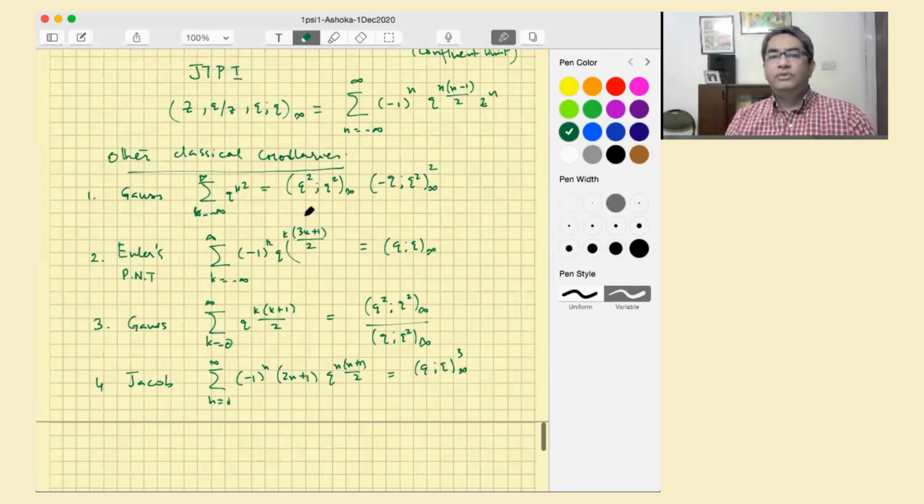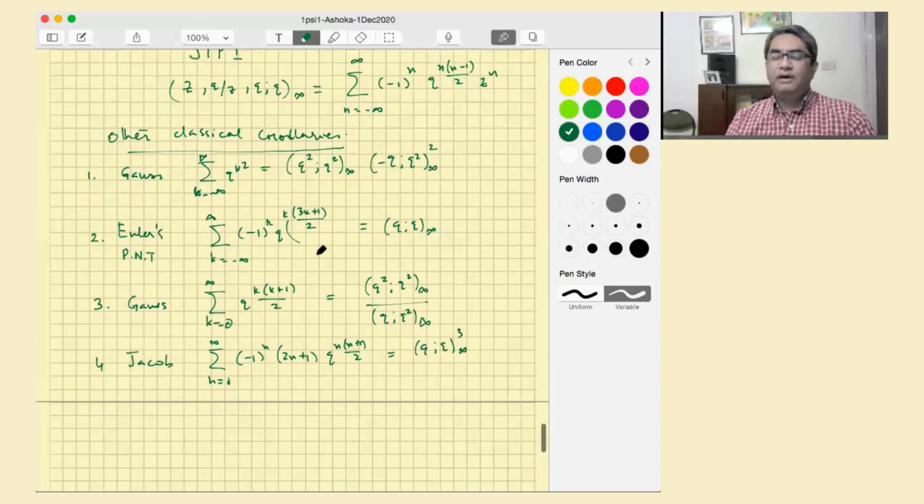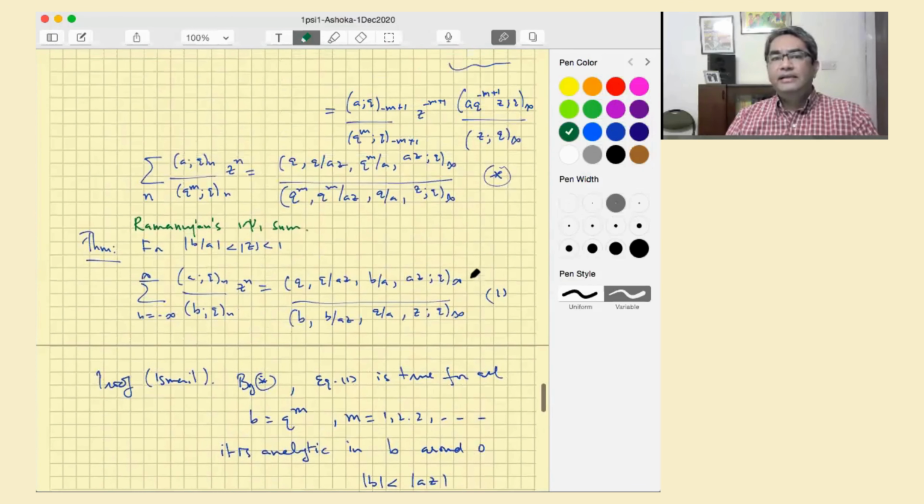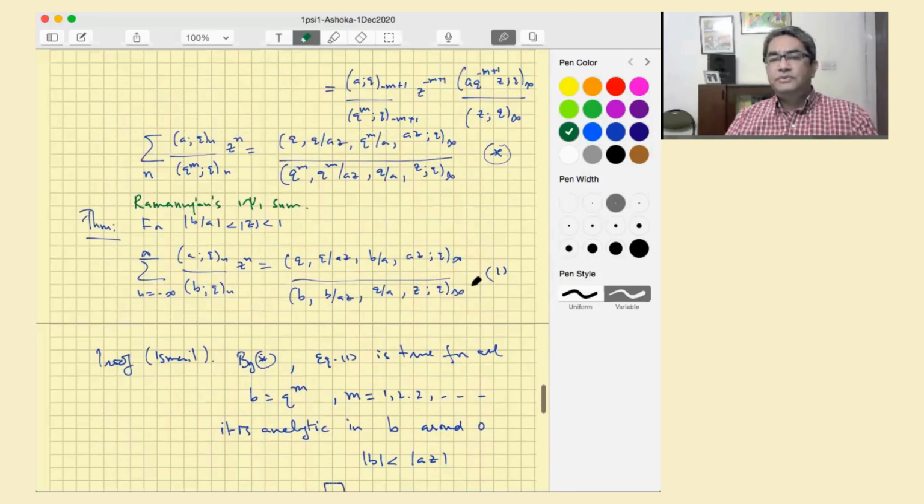If you raise this to the 24th power and compare the coefficients, you get Ramanujan's tau function. So the interests of number theorists are right there in these kinds of functions, and of course that is the reason why Ramanujan's 1psi1 seemed to cause some comment. Okay, so I've reached the end of my presentation.